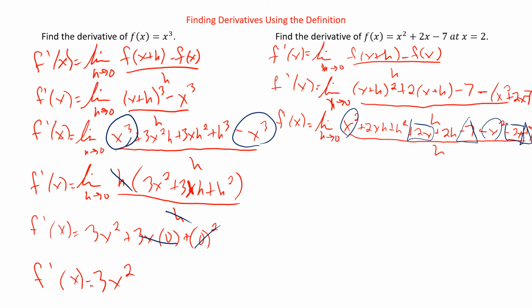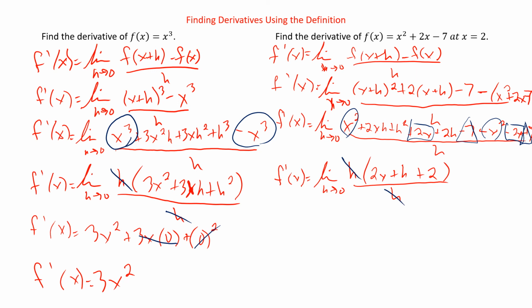So we can factor the h out of those remaining terms. F prime of x equals the limit as h goes to 0 of h times, we still have a 2x plus h, and then plus 2, all over h. Cancel the h's.